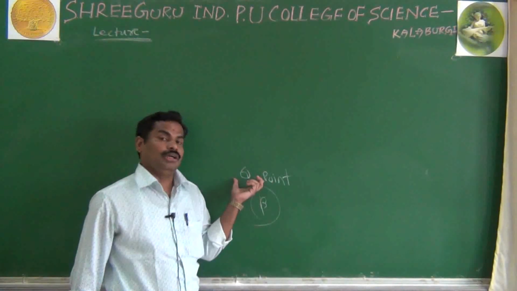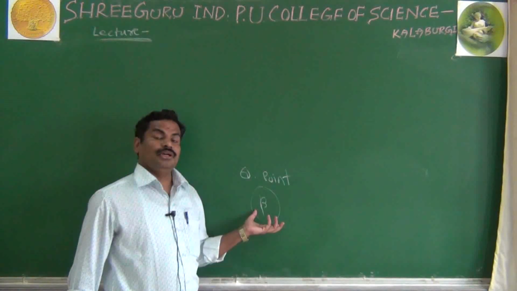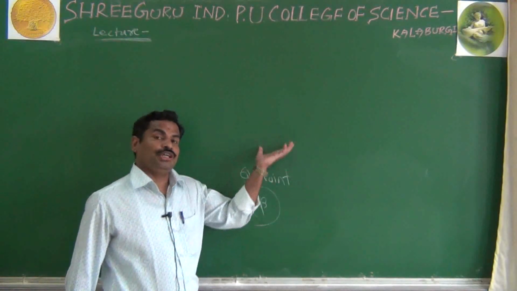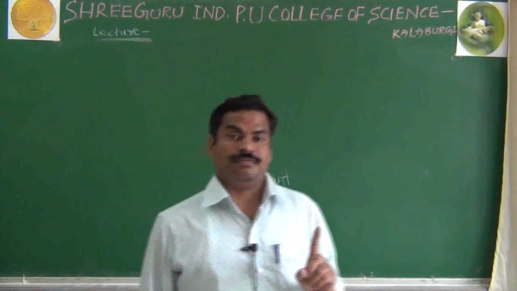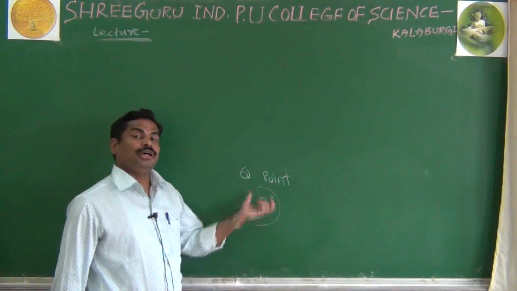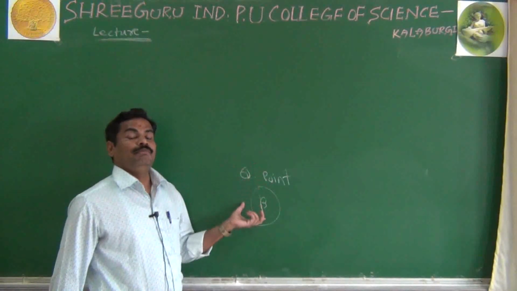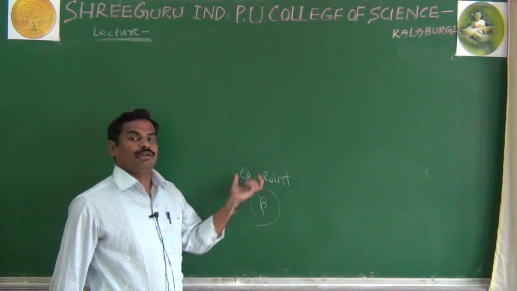Because as you know, if you have not done the biasing, a change in beta may shift the Q point above or below. But if you use voltage divider biasing, the beta may change, and still the Q point stays in the middle of the active region. That's why we prefer voltage divider biasing.